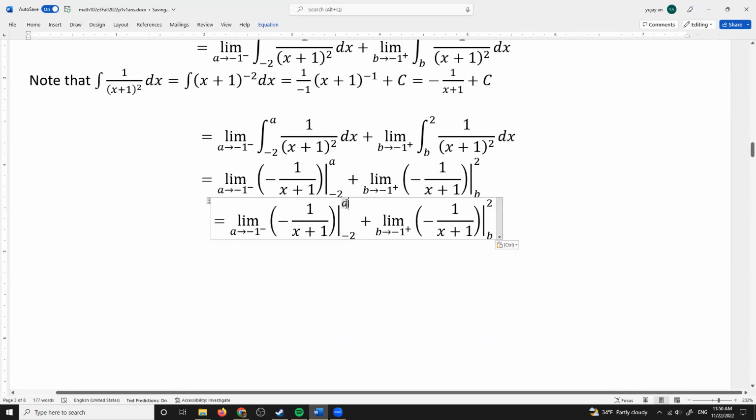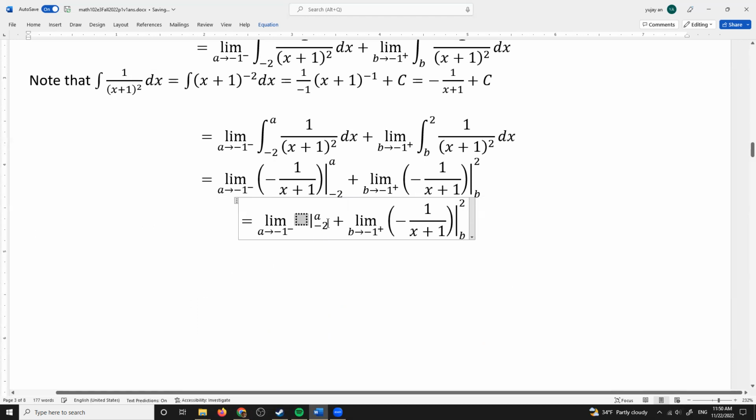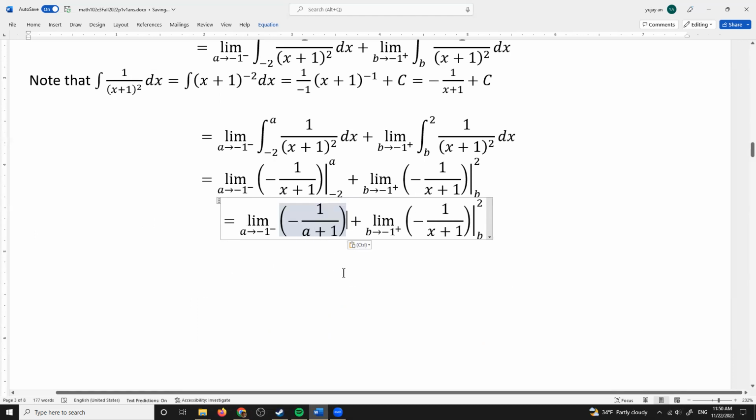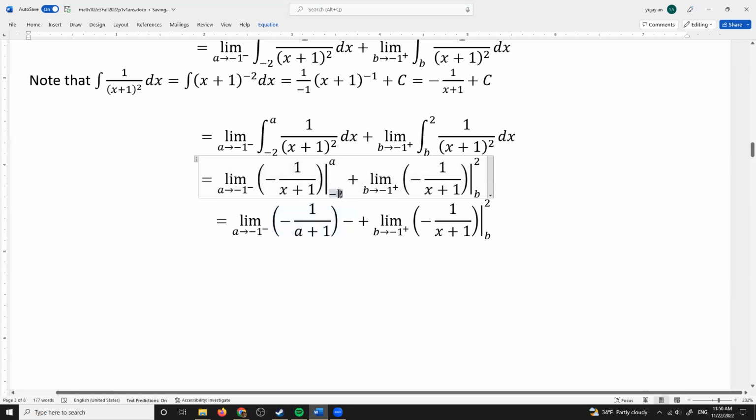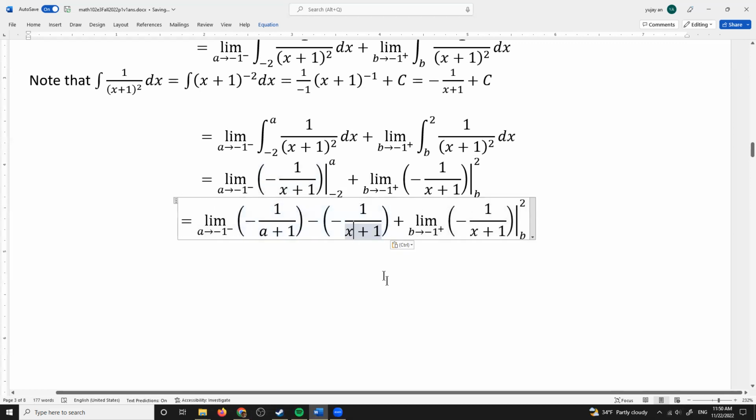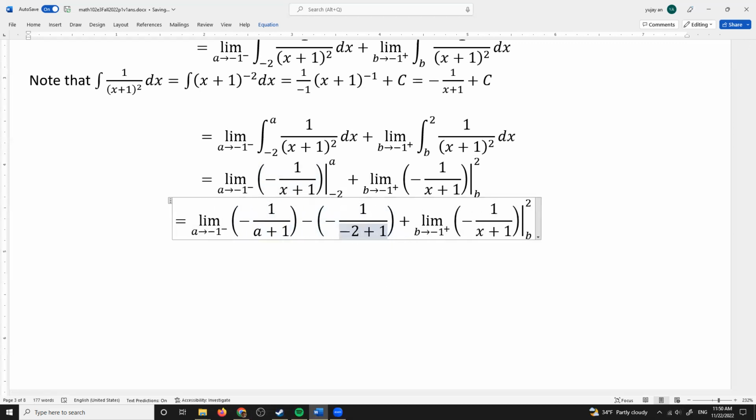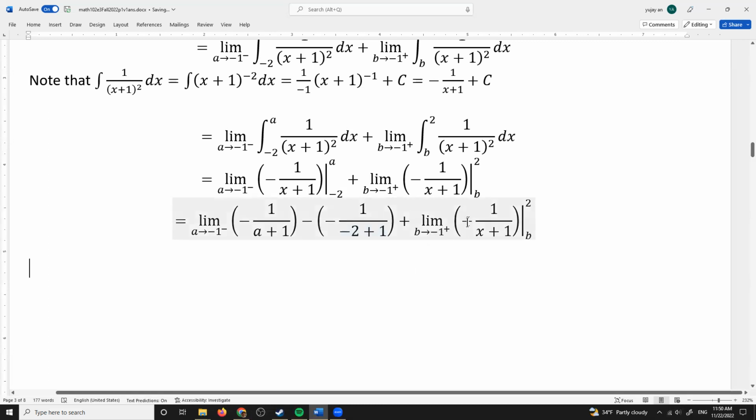This one means that you have to first plug in a in here. A goes in here, right? So that's what you get when a is plugged in. Minus, and next time -2 goes in here, so it's the same thing, but x is now replaced by -2.